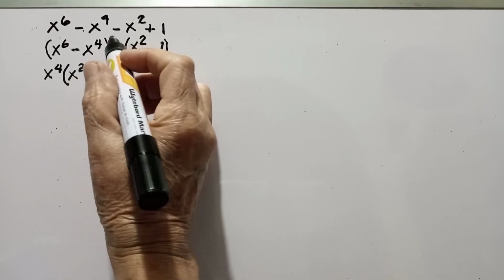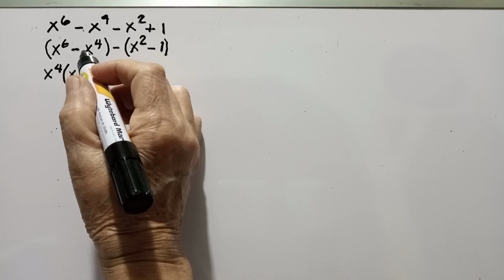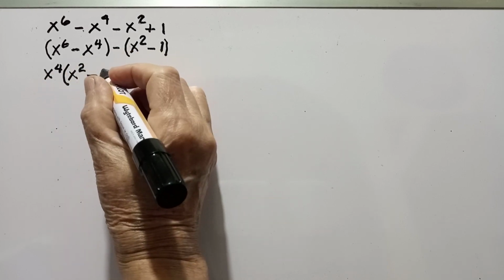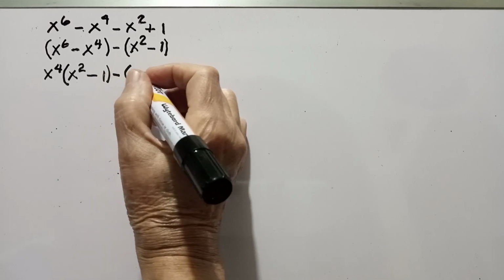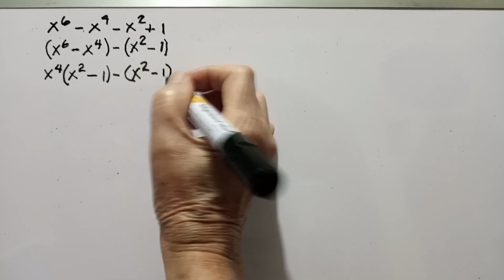And as we remember, this has a numerical coefficient of 1. So, taking out the x to the 4th, what is left is 1. So we have x squared minus 1.